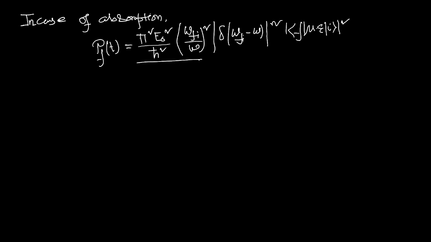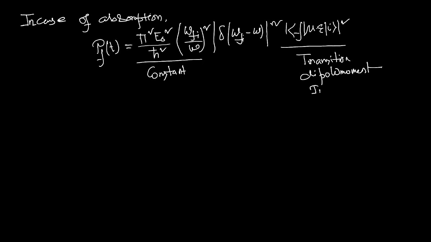This is a constant term. This talks about the transition dipole moment integral. This talks about the selection rule. Now what does this part say?